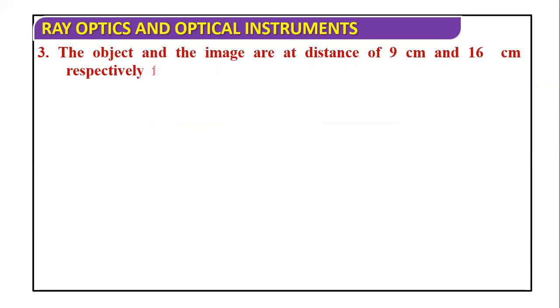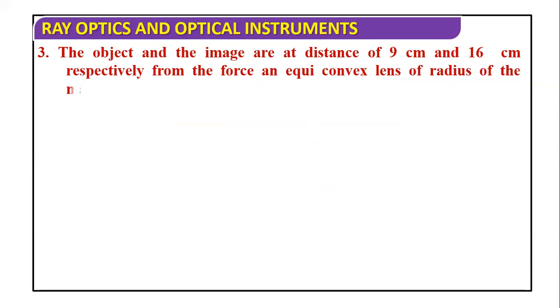Next question. The object and the image are at distances of 9 centimeter and 16 centimeter respectively from the lens, and it is an equiconvex lens. The refractive index of the material of the lens is?